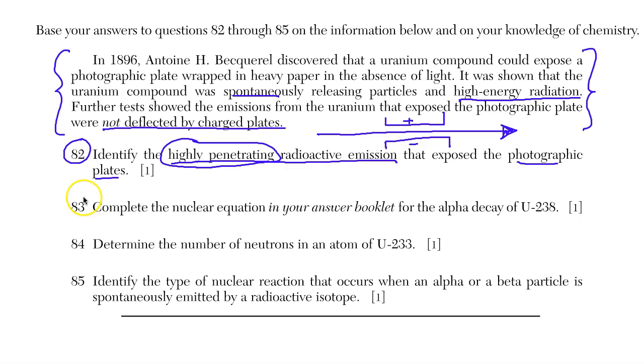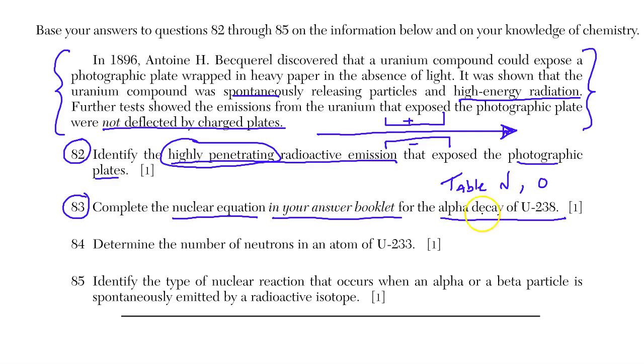Number 83. In number 83, complete the nuclear equation in your answer booklet for the alpha decay of uranium-238. Okay, so we're going to go to our booklet and we're going to basically complete it. Now, always understand that you may need table N and or table O to help you identify the particle and what type of radiation it gives off.